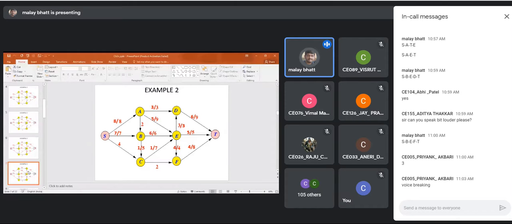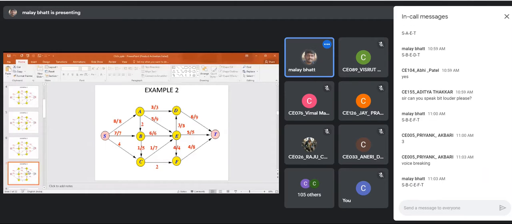Now from C we have two outgoing arrows, E and F. But if I use the C to E path, then I cannot proceed further. So we have to consider C to F only.